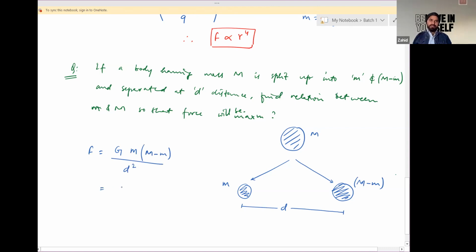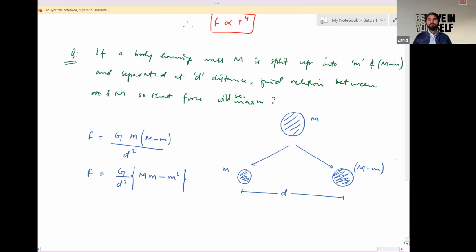On simplifying, G over d squared is constant. So the force F is proportional to m times M minus m. Is it clear? Yes, sir.